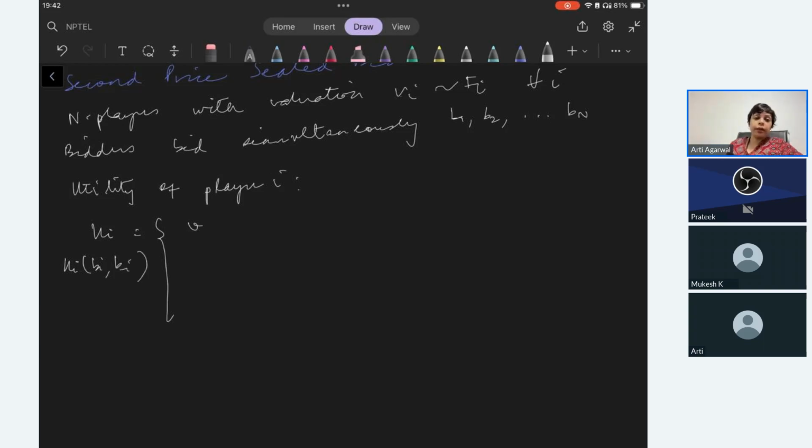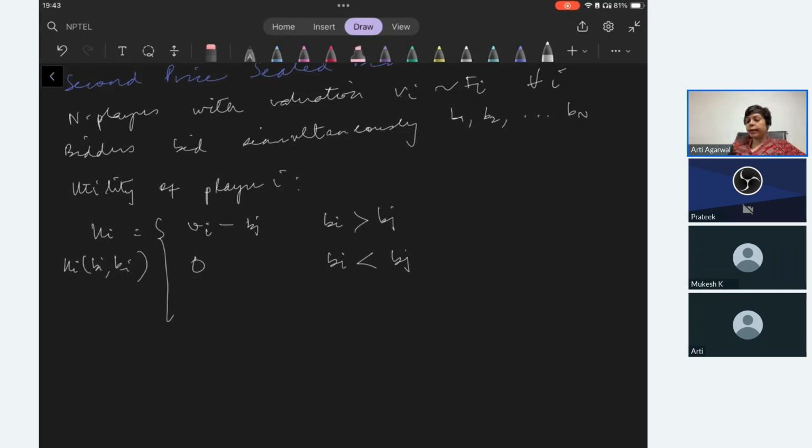When we write b-i, that denotes the bidding strategy of all the players other than i. Now let me explain. It is 0 if p is less than bj, and we are not considering the equality, so I'm leaving that out anyway.